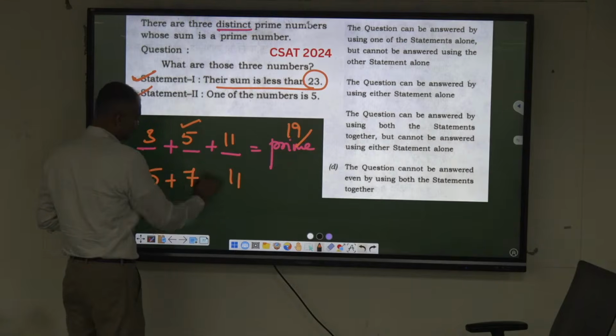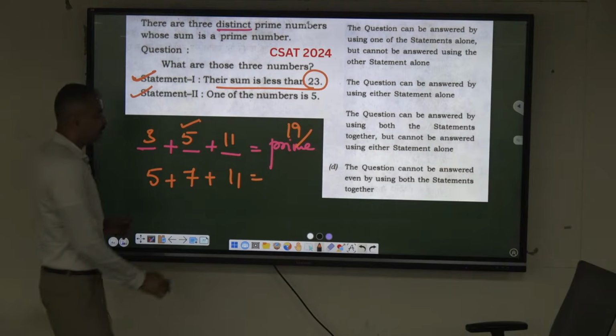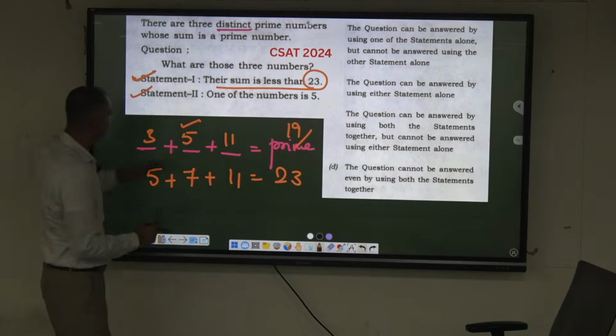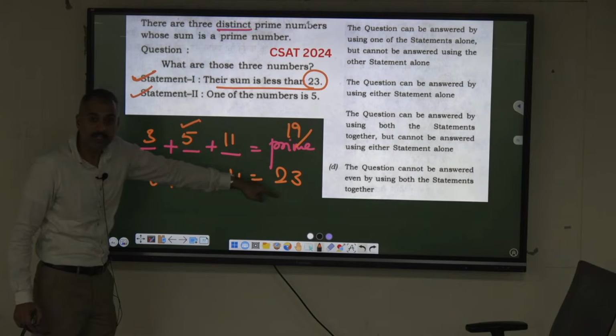How much is the sum? What is it? 23. Now, forget about statement 1. Consider only the statement: one of the numbers is 5. This statement also gives you the same condition. The sum is the same, isn't it?